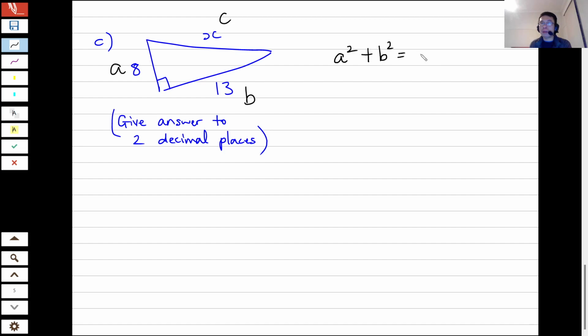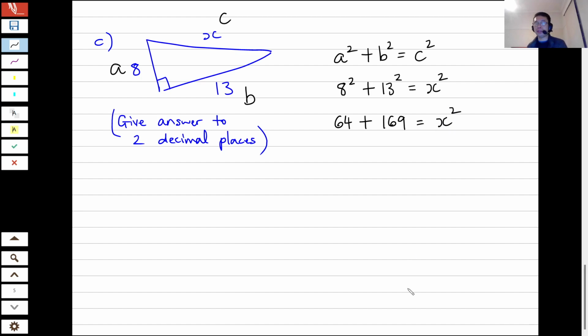Okay, so let's start by writing Pythagoras' theorem. A squared plus B squared equals C squared. And let's replace A, B, and C with the numbers that were given in the question. So this time it's going to be 8 squared plus 13 squared equals x squared. Okay, 8 times 8 gives us 64. 13 times 13 gives us 169.